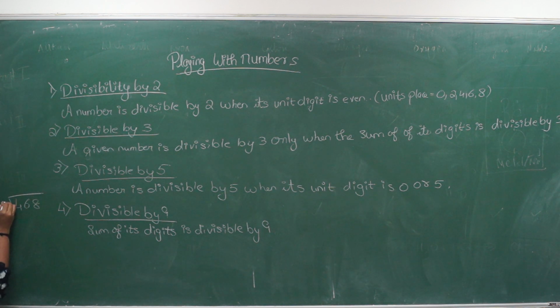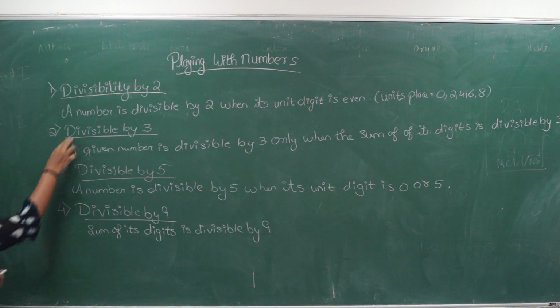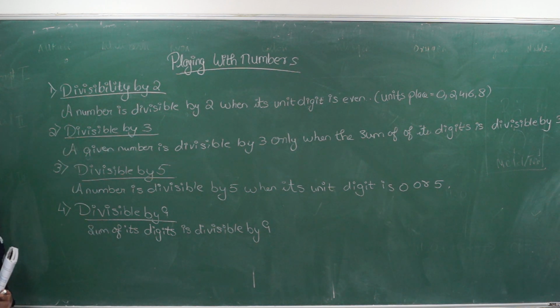Let's try dividing by 9. 9 fives are 45. 6 minus 5 is 1, and 8. 9 twos are 18. So it is completely divisible by 9. That is why we are taking this sequence, because we can relate 9 with 3.